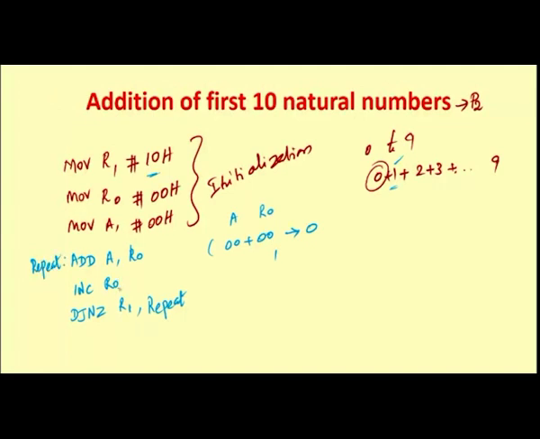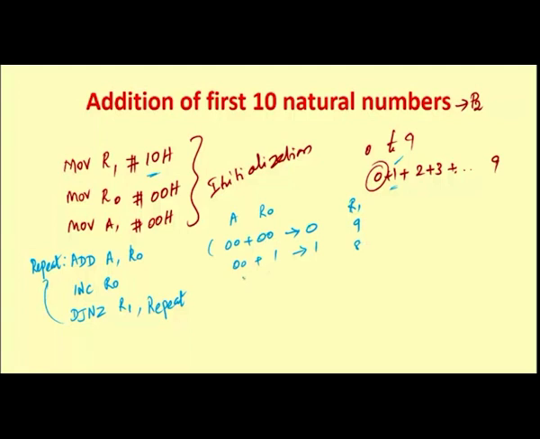Now, the R0 value was increased. Now, it will check whether R1 is not equal to 0. Here R1 is decreased from 10 to 9, the accumulator value is 0 plus 1, now the result is 1. After that it will decrease, it is 8, so not equal to 0, it will repeat the process.